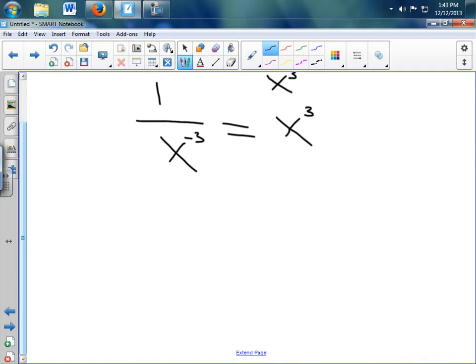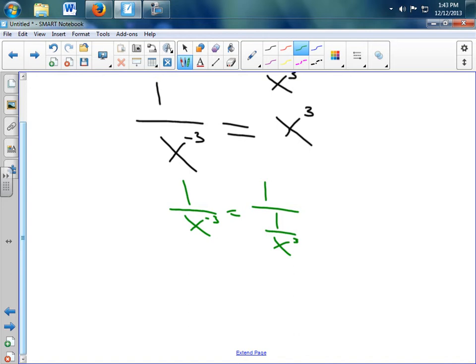So, does anybody know why this is true? Yes, Harry? Kind of, sort of, but I'm going to do this in green to show you what this means. Remember, x to the negative third, could we not write that as 1 over x to the third?